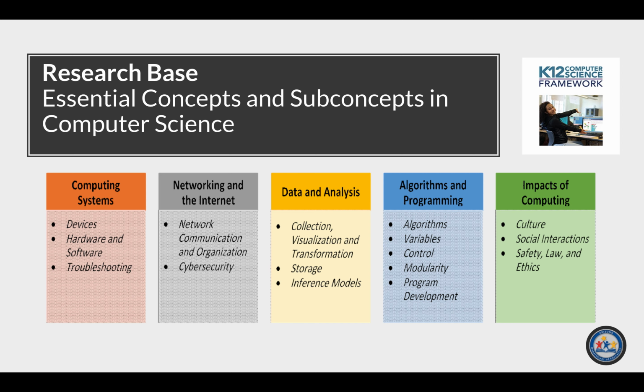They represent specific areas of disciplinary importance rather than abstract general ideas. Each essential concept is supported by various subconcepts that represent specific ideas within each concept. In addition to essential concepts and subconcepts, the computer science standards are also connected to computer science practices, similar to math and science practices. These will be discussed in more detail in videos 2 and 3.